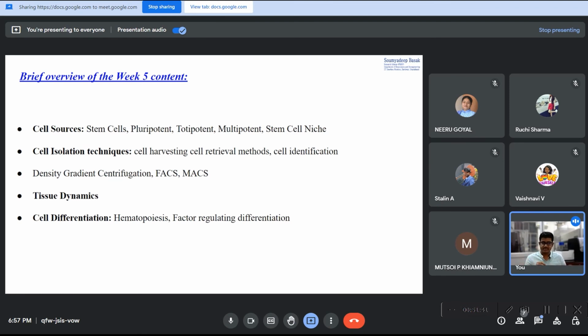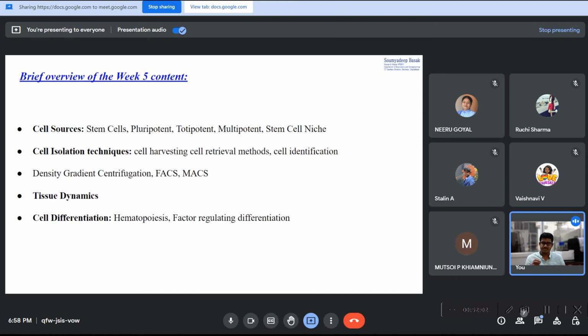Then density gradient centrifugation, FACS, MACS. We talked about tissue dynamics and cell differentiation, hematopoiesis, factor regulation, the factors regulating various differentiation patterns. Then various blood cell lineages, cell differentiation to the various blood cells and how they differentiate. These kinds of things we are talking about, right?